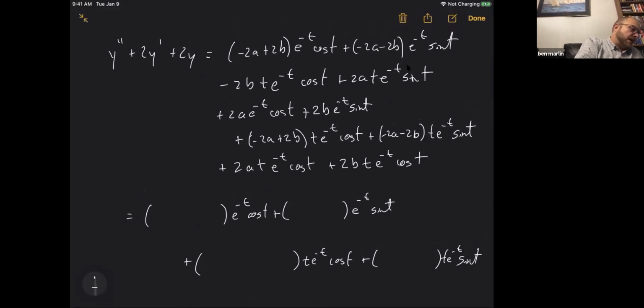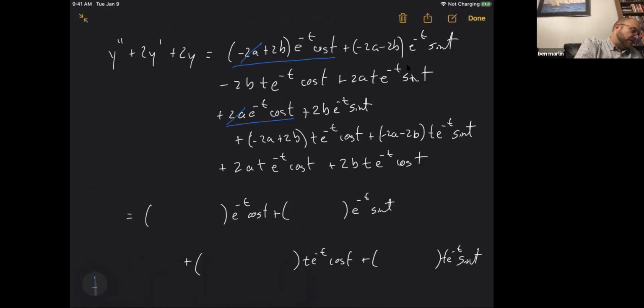So let me take advantage of being able to draw in color here. Let's get the e to the minus t cosine t stuff together. And it appears here and here and nowhere else. All right. So that means that we can put those together. And when we do, notice that we have a minus 2a and a plus 2a.